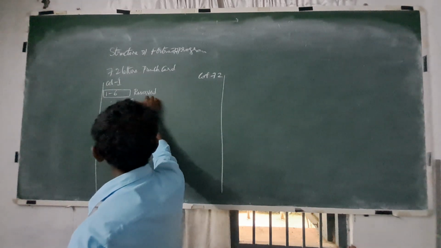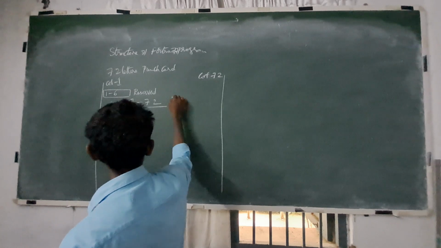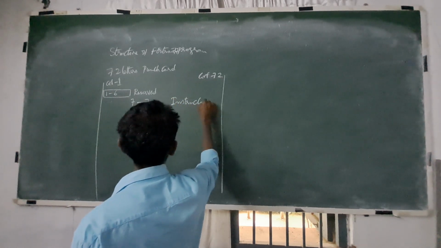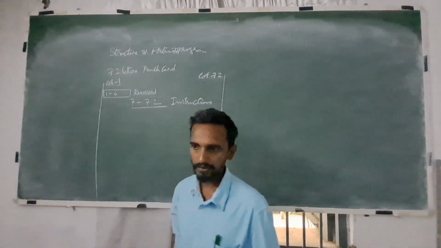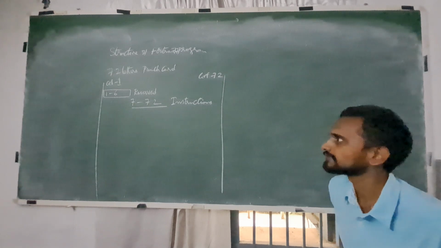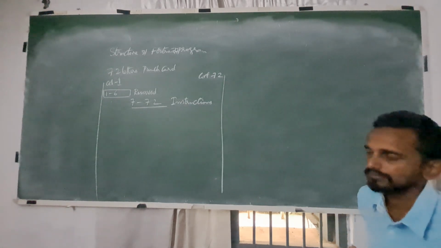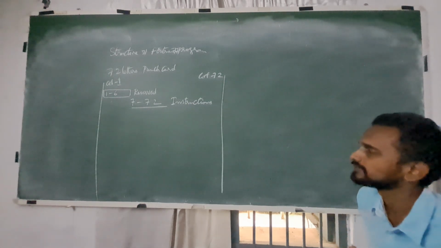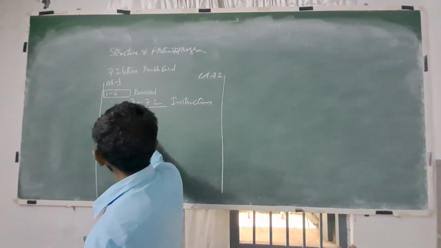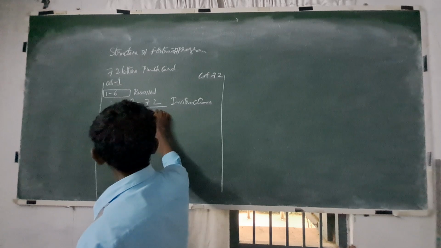Instructions will work from 7 to 72. And the sixth place is for the continuation symbol.